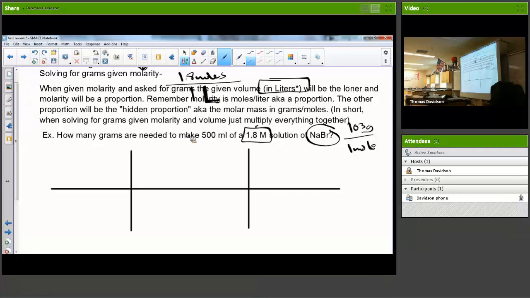So this is a proportion, so that has to be your loner. And we start with the loner. So, 500 milliliters is really 0.5 liters. Then, everything else is going to take care of itself.